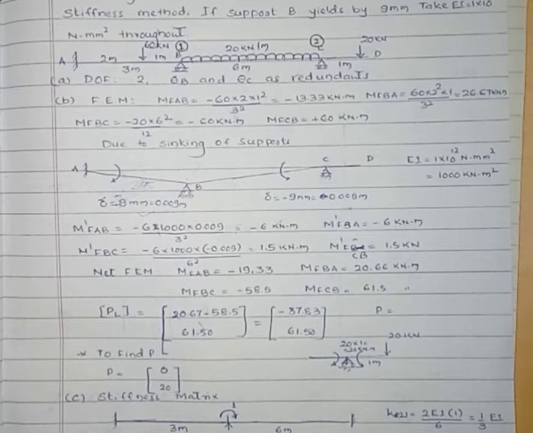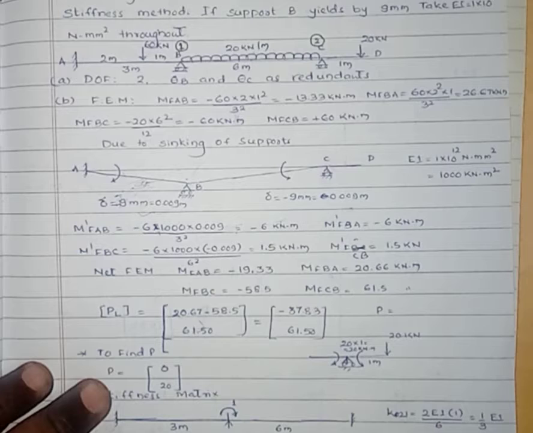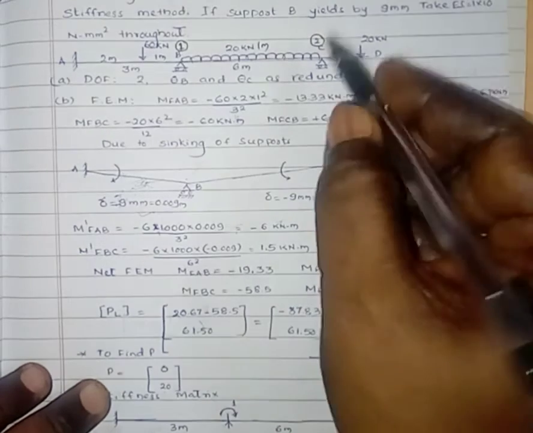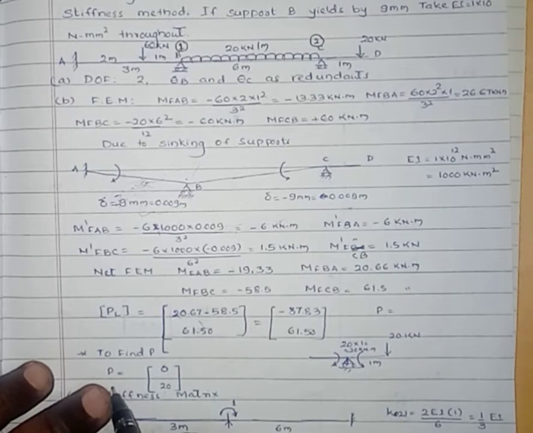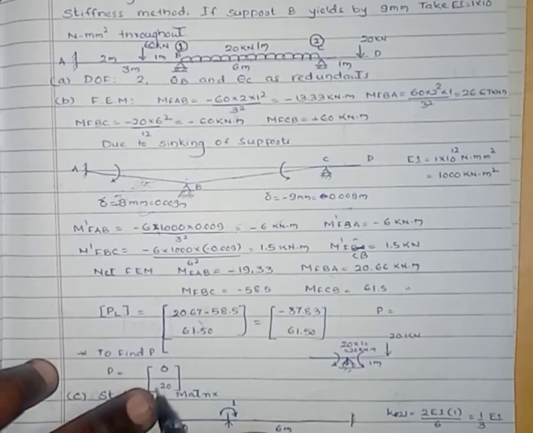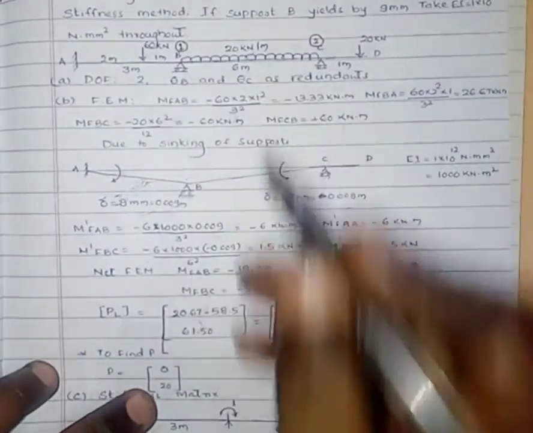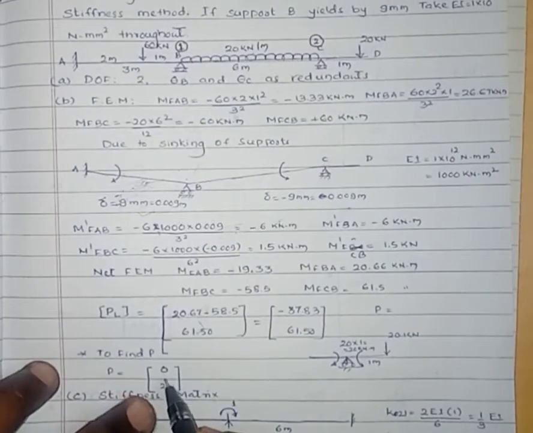Then to find the vector due to loads, if any, acting on the end supports, that is due to the overhanged portion, here C to D is overhanged. At coordinate 1 there are no such pre-existing loads, so P1 is 0.